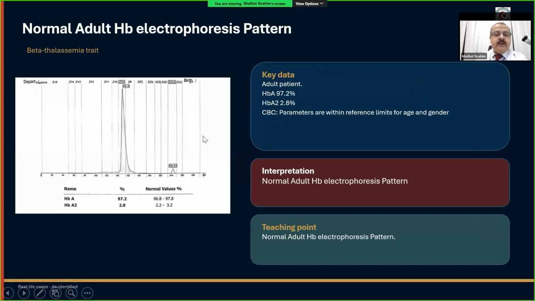Okay, here is the normal adult pattern, as I showed you before. Key data here is the 97% A and A2, and CBC parameters are within reference limits for the age and gender, and the interpretation here is normal adult hemoglobin electrophoresis pattern.